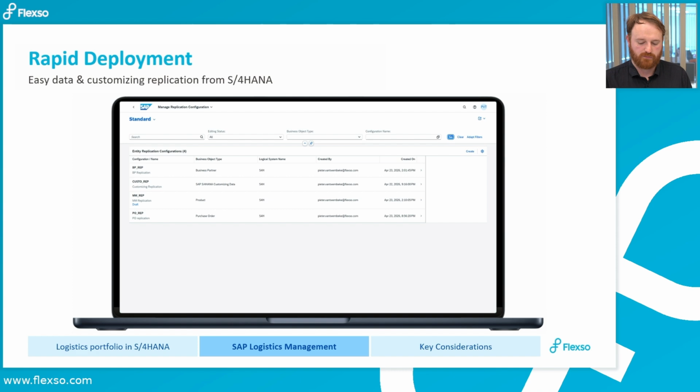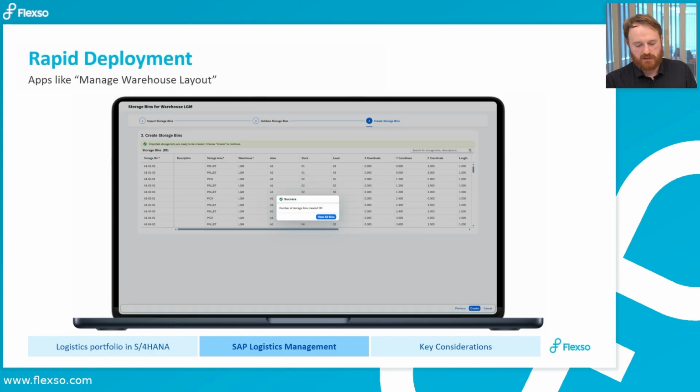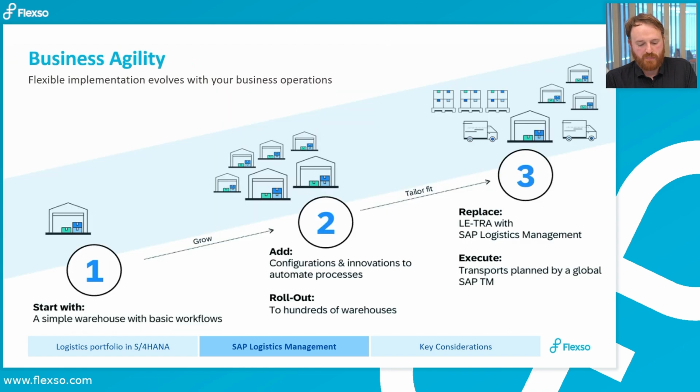Of course, we had some help from colleagues, but using all these intuitive, easy-to-use applications, like setting up the data and customizing replications, configuring the shipping processes in logistics management, and using that managed warehouse layout app really enabled us to make speed with the deployment and to get it functional and working rather quickly.